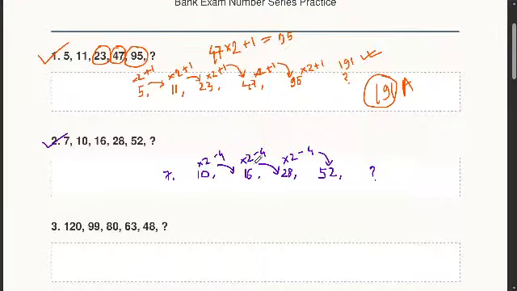So the rule is this, because it is satisfying three numbers.